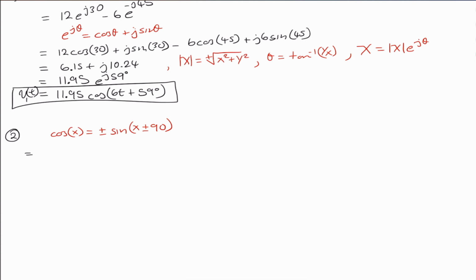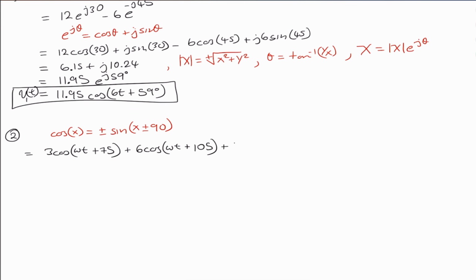So our negative 3 sine is going to change to 3 cosine of omega t, and then minus 15 plus 90 gives us an angle of 75. We're going to change the minus 6 sine to a positive 6 cosine omega t, and positive 15 plus 90 gives us 105.